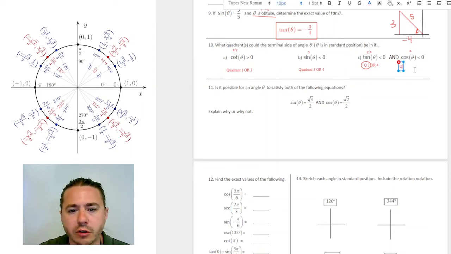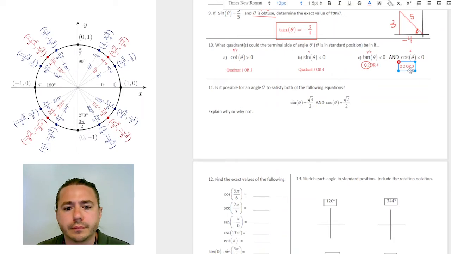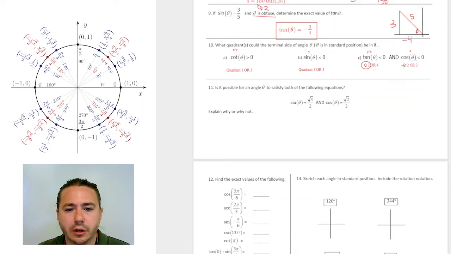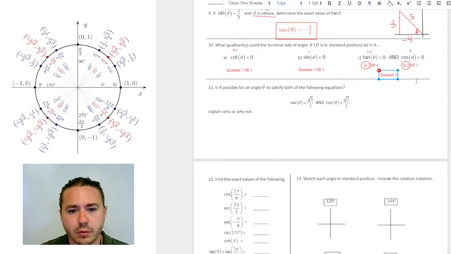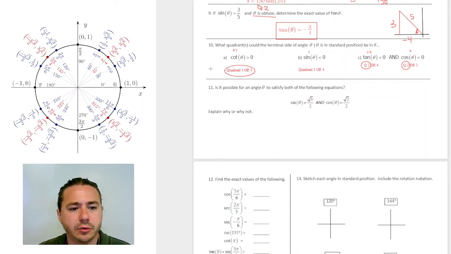Okay, cosine's negative in 2 and 3, so we are in quadrant 2. Why in the world does it keep deleting that? It's so bizarre.